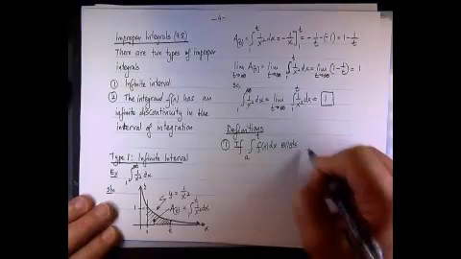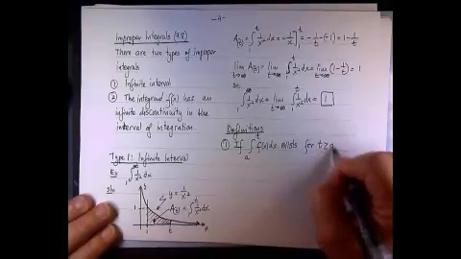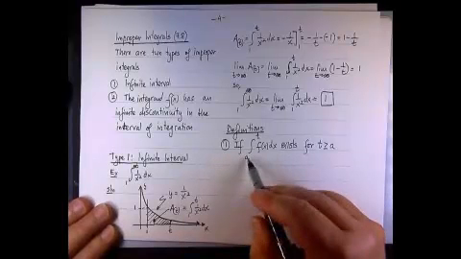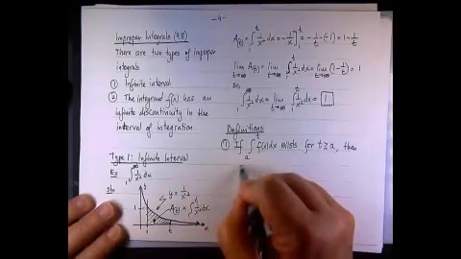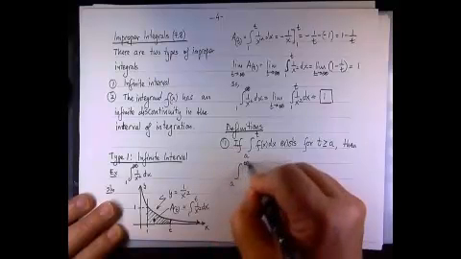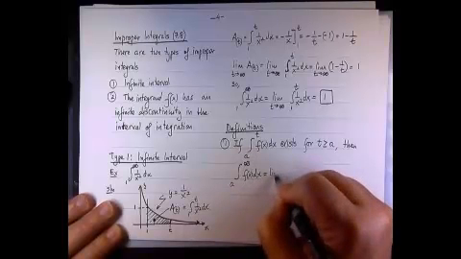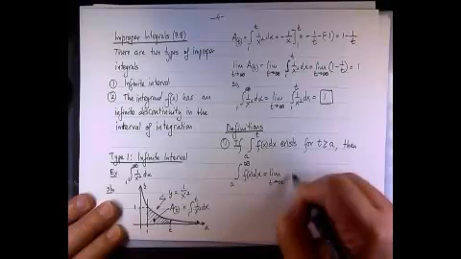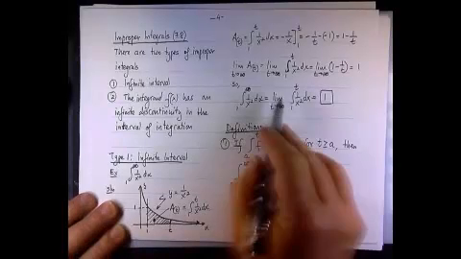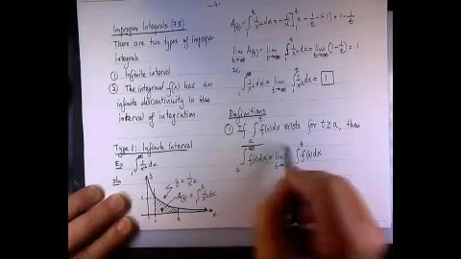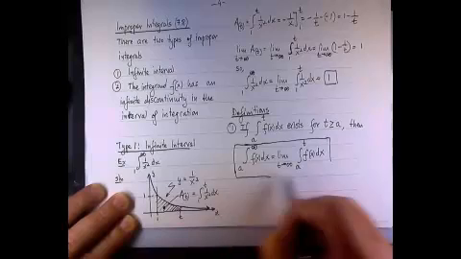We're going to say that if we have an integral from a to t of f of x dx, and this integral exists for all values of t greater than a, then the integral from a to infinity of f of x dx will be the limit as t goes to infinity of the integral from a to t of f of x dx.